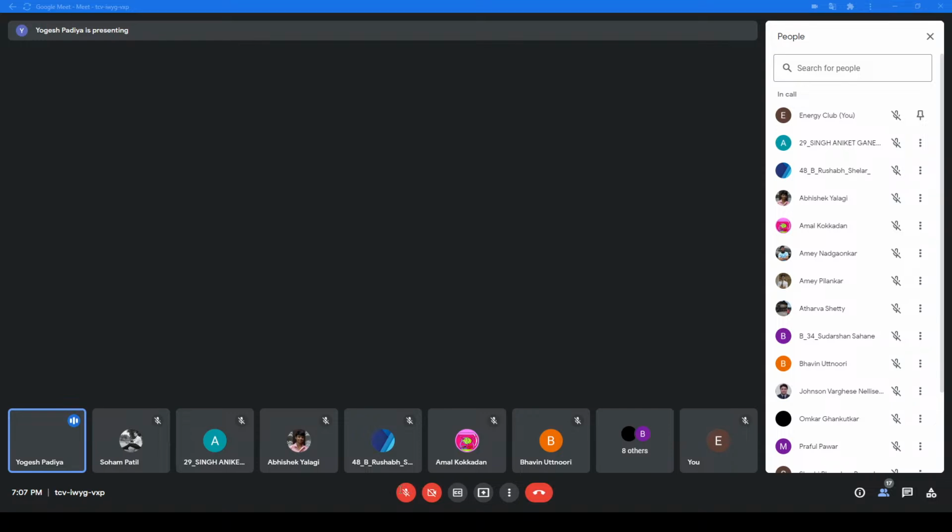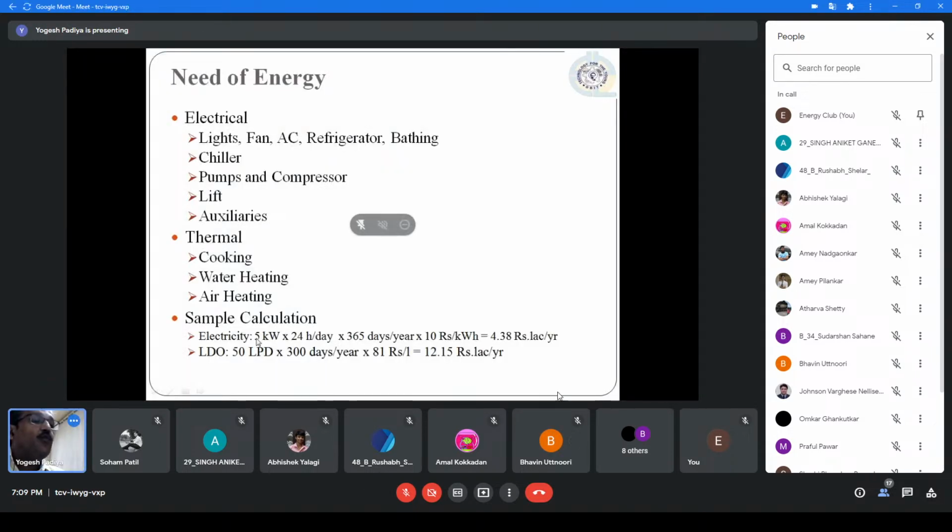This is just a small number, which is easily possible for any person to save, 5 kilowatts of load. In industry, this number 5 may range up to 500 kilowatts. When we do an audit, we have the capability to save even 500 kilowatts. Then you can assume this number goes to around 438 lakh rupees per annum, so industry can save in the range of 5 to 6 crore rupees.